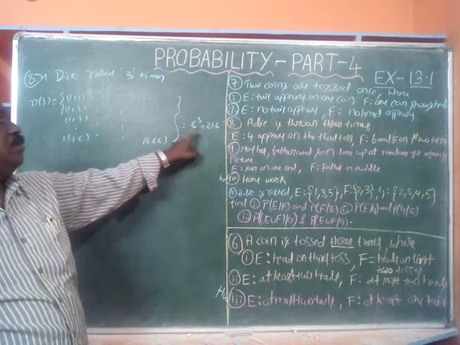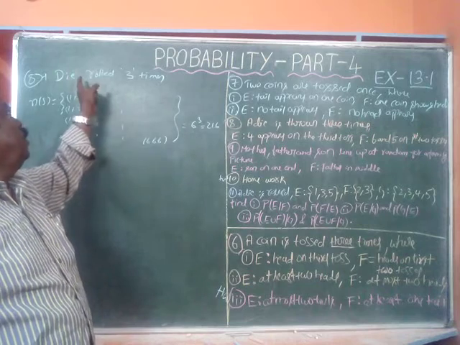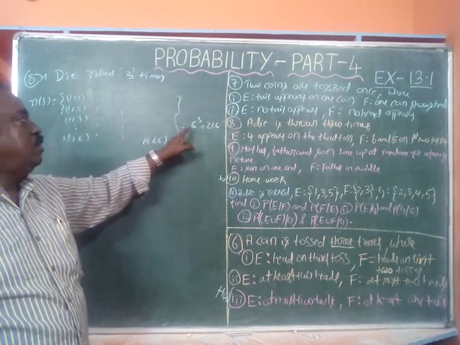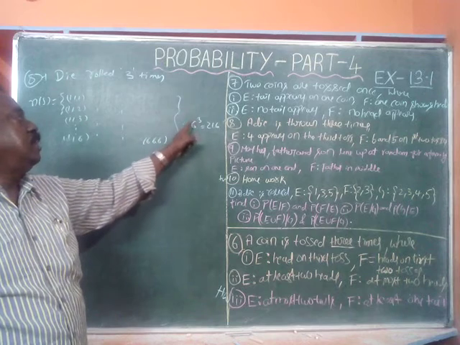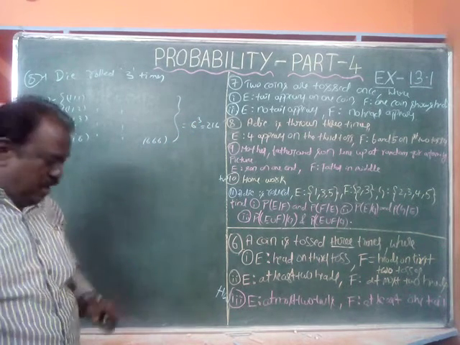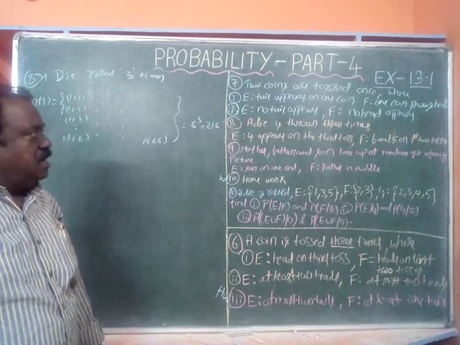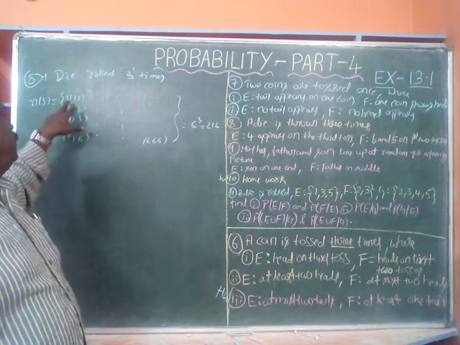But the number of total events is the same, 6 cubed. For one time, the die shows the total number of events is 6. But here we are using 3 times, 6 power 3, that is 6 into 6 into 6. Okay, that is okay. But here the number of total events is very difficult.